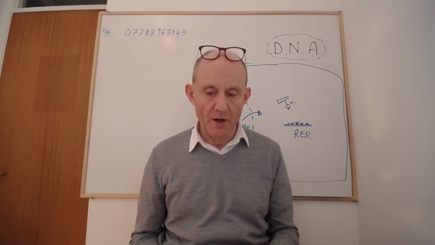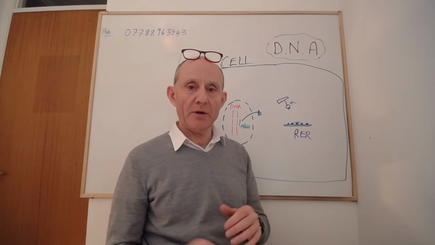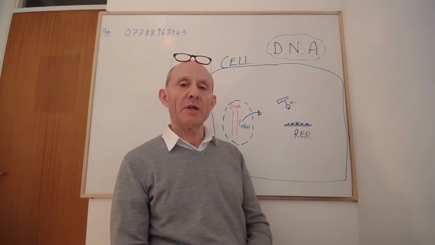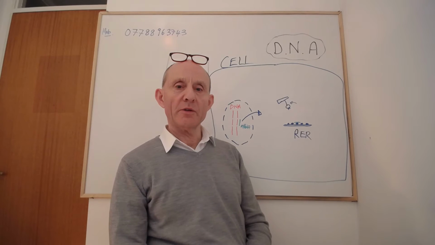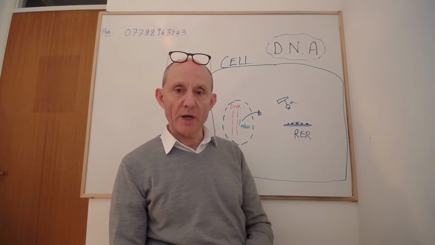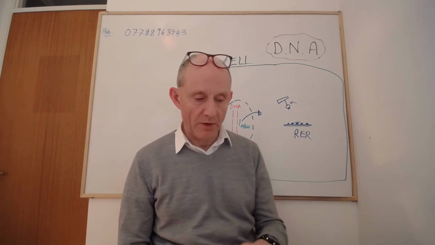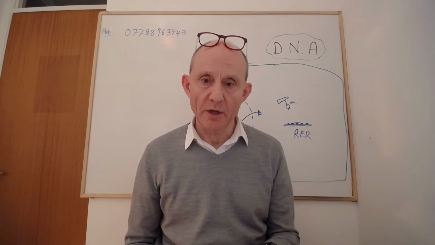The other thing I should have said about RNA, the third thing, is that the nucleotides for RNA, instead of having deoxyribose sugar, have a different sugar called ribose sugar. You can look in the notes, where you'll see a table that compares DNA and RNA.